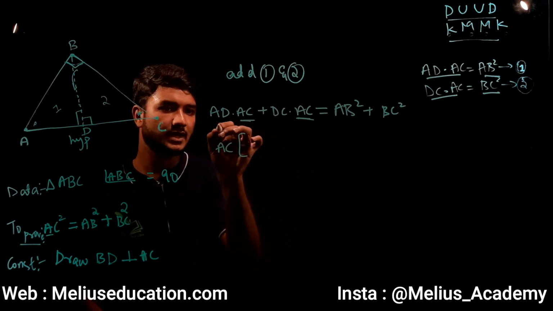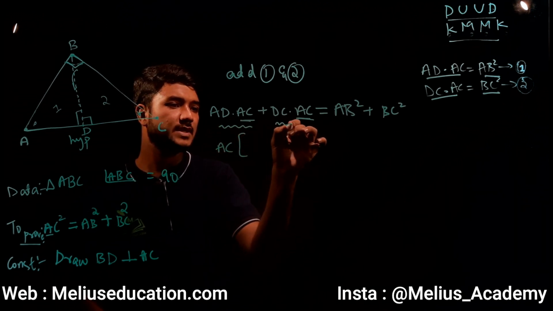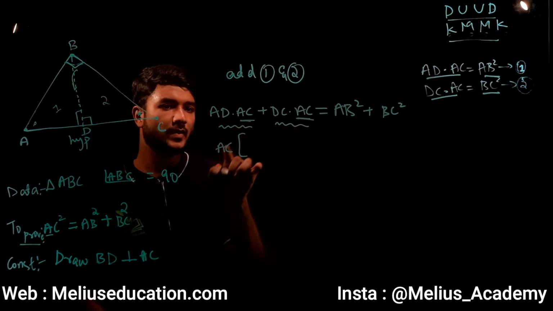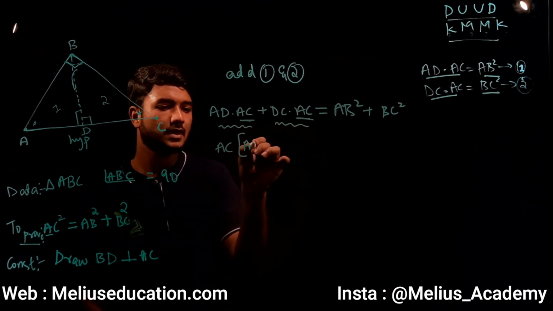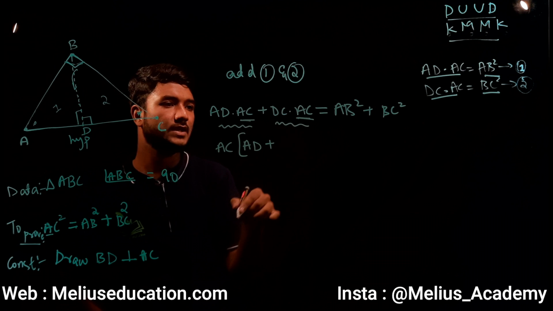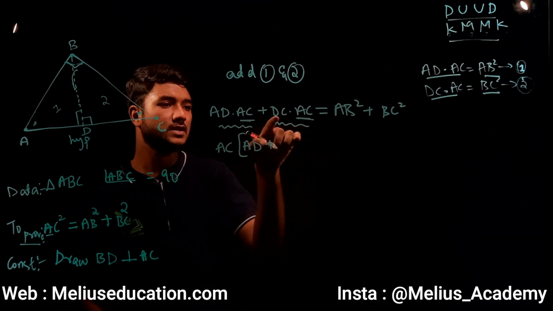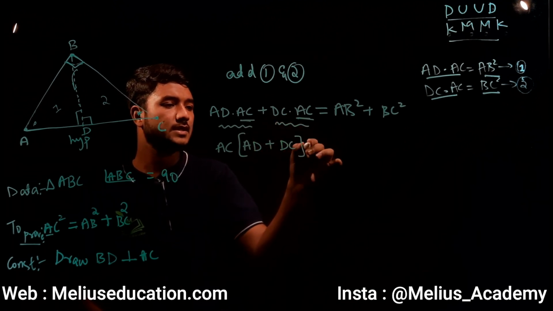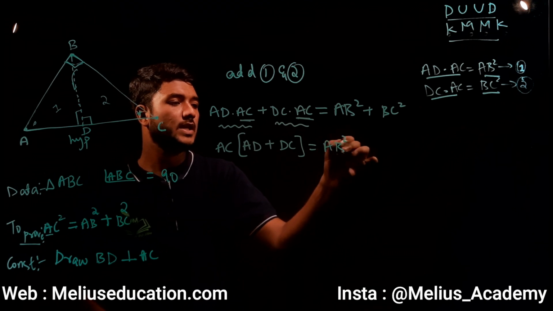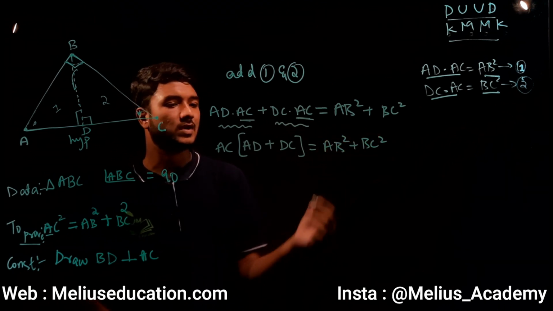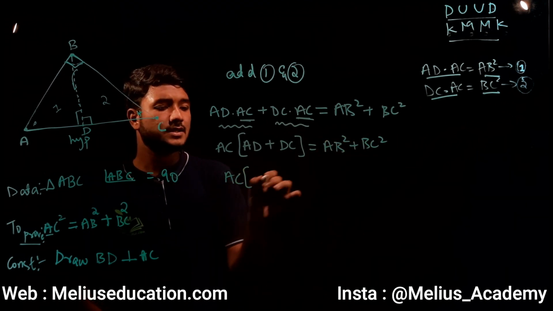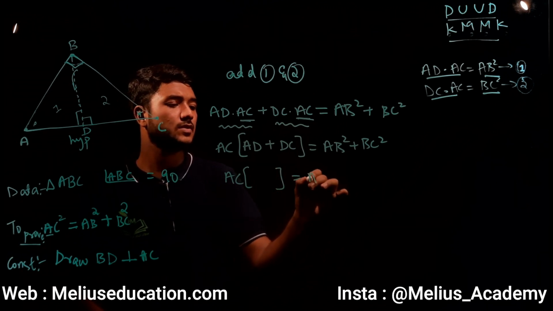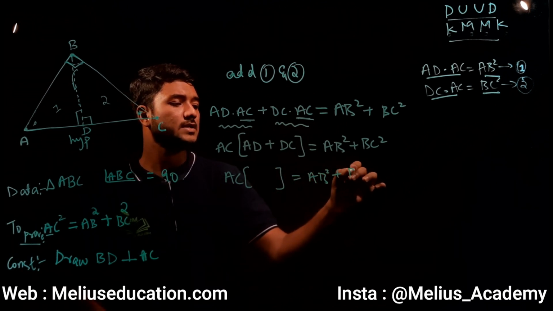AC is present even here, and AC is present even here. So AC is common. So what is left out here? AD and a plus sign in between, DC. If I remove AC from here, what is remaining? AB square plus BC square.